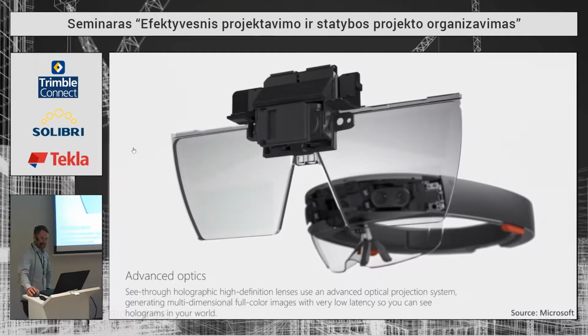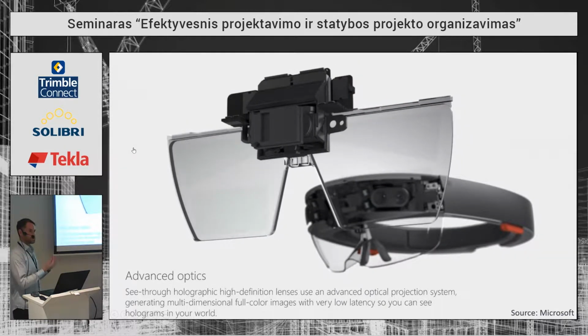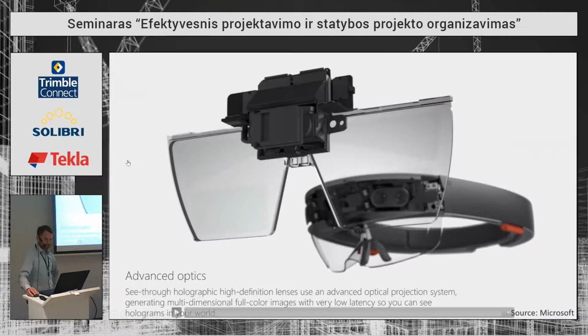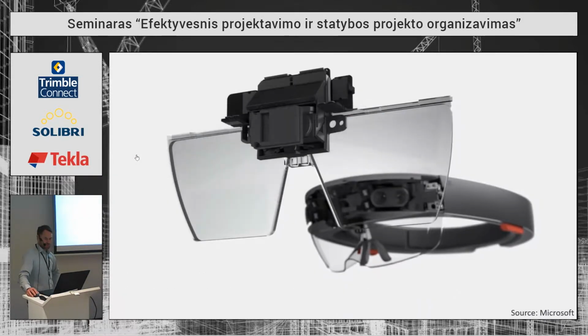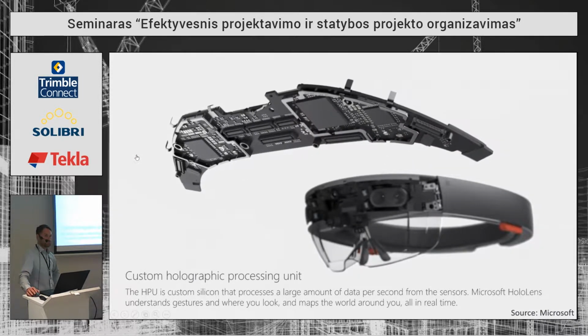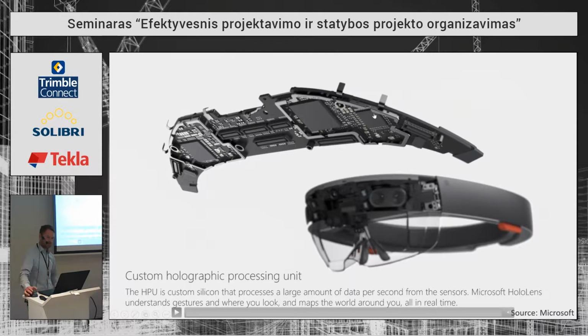And of course, these are the lenses where the hologram is projected. Looking through these, you can see the real world and the three-dimensional hologram. And maybe the most special thing is that, okay, it's a small device, but it has a lot of power.